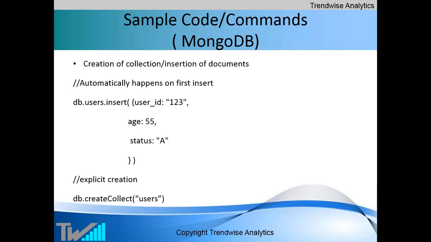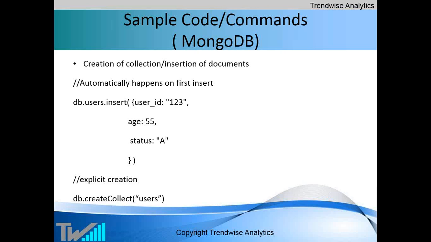The next slide, wait for it to refresh. Basically, some sample code again. So let's say, in this case, we are taking MongoDB. So let's say you installed MongoDB and you want to start creating tables and records and so on.